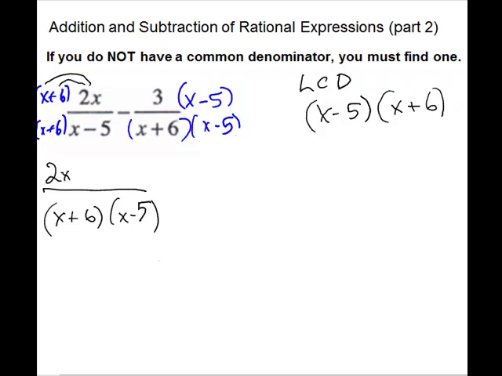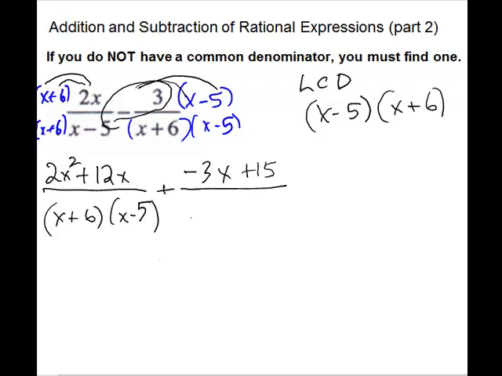So this is a 2x squared plus 12x. Right, for our next one, if you want, go ahead and take your negative with your 3 when you distribute, or take time to make a step to do that. So that will be a negative 3x plus 15 over this same denominator. Now we will keep the denominator and combine the numerator.